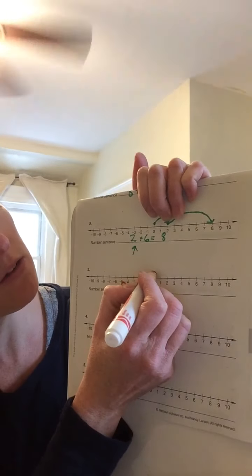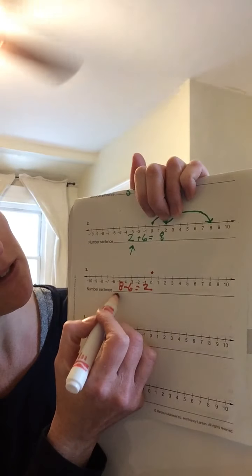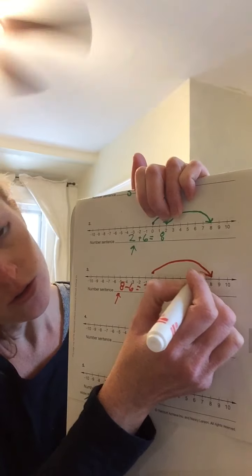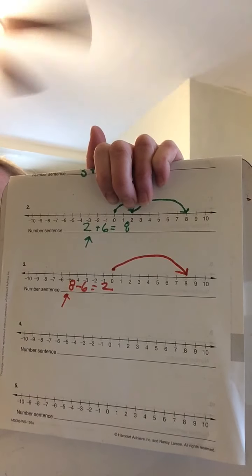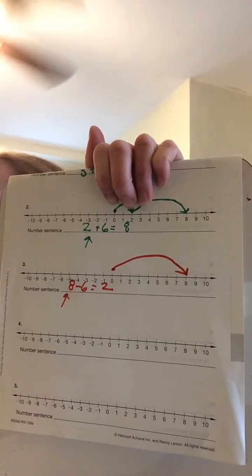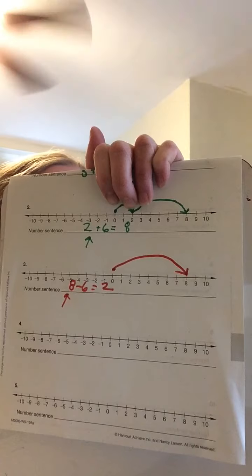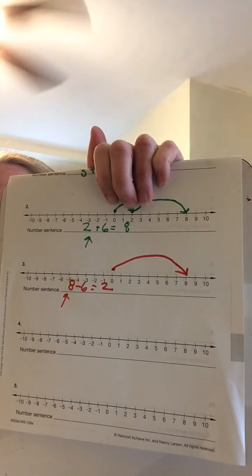So I started at 0 just like with the addition. And my first number is 8, so I'm going to go all the way to 8. And I'm going to be taking away 6. So I will be moving to the left towards the 0, taking away 6. My answer is going to be 2.